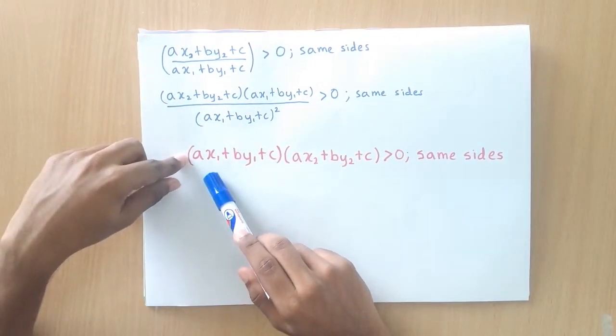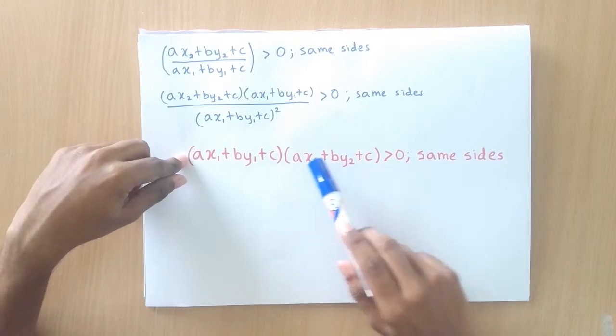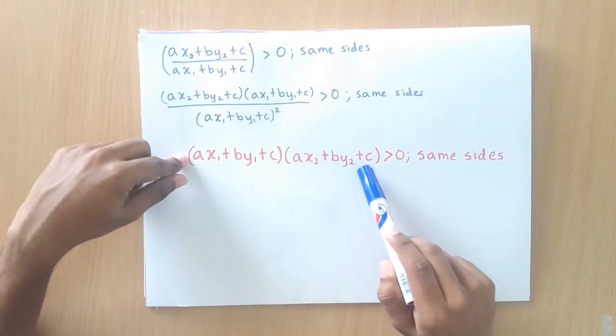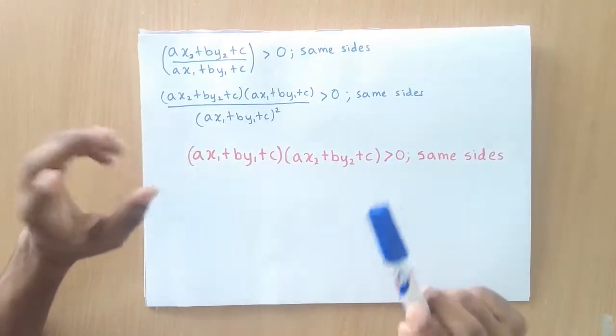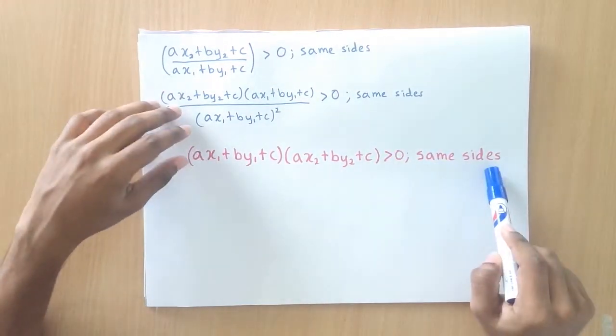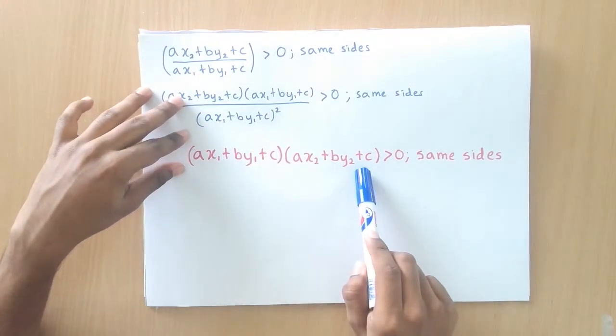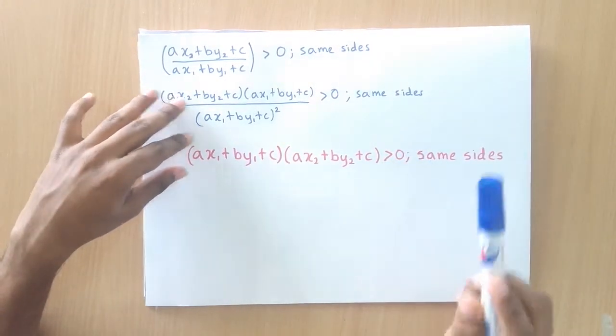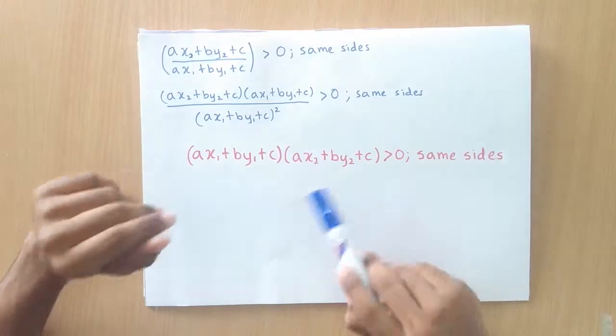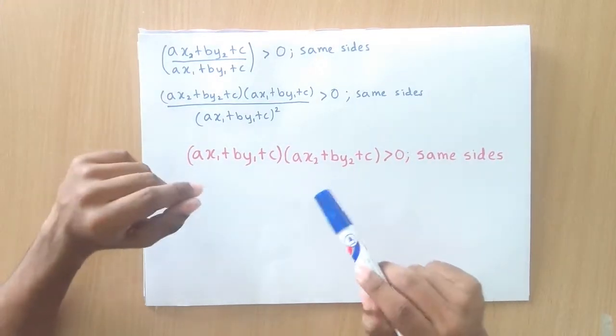Finally, we find that when (ax1 + by1 + c)(ax2 + by2 + c) is greater than 0, the 2 points are on the same side of the straight line. This also means that if this value is less than 0, then the 2 points are on opposite sides of the straight line. Let's try an example.